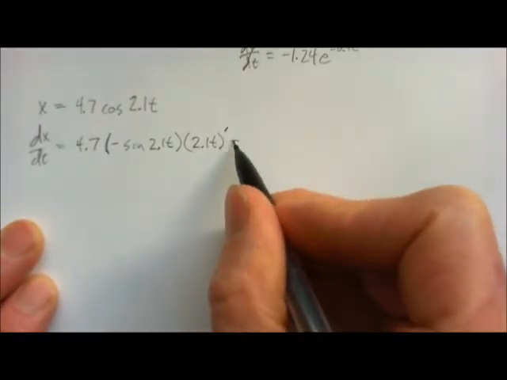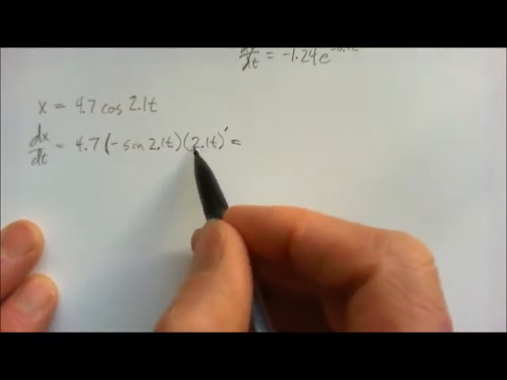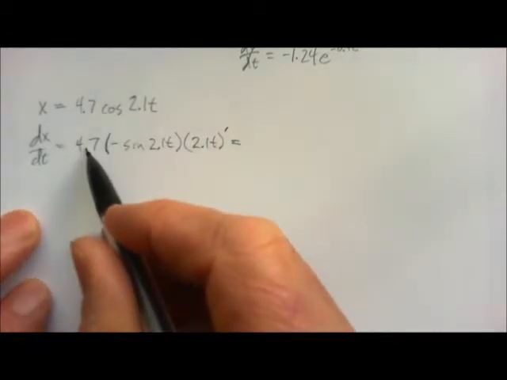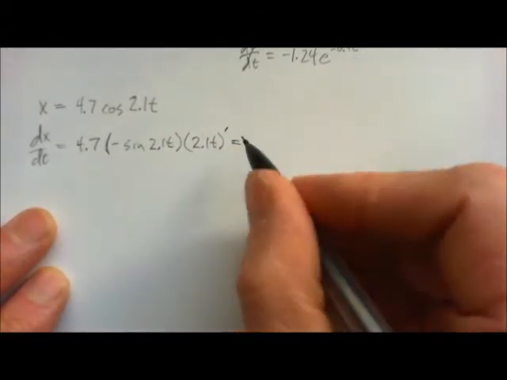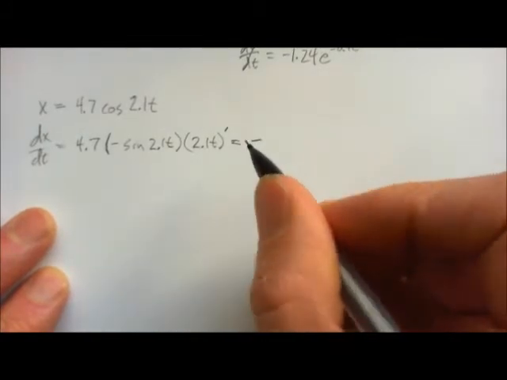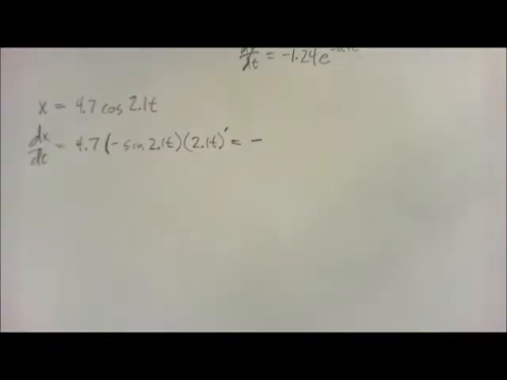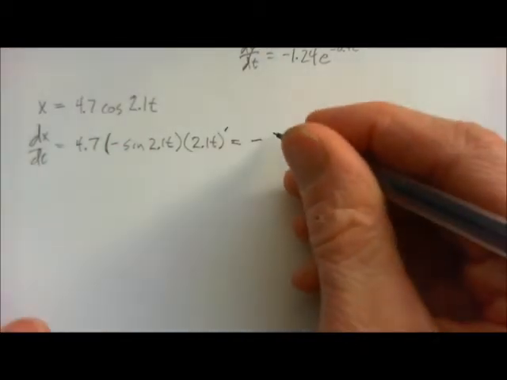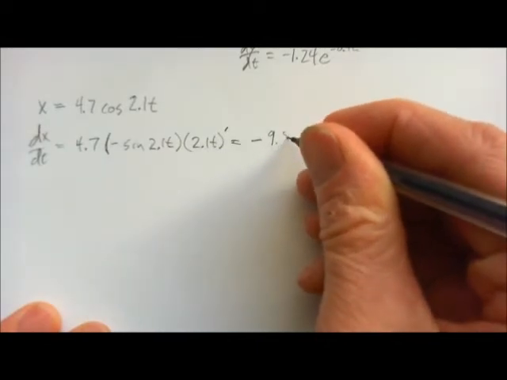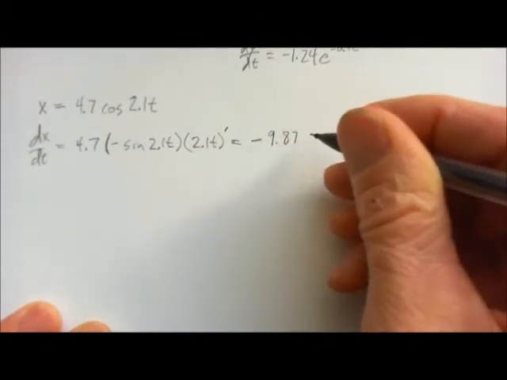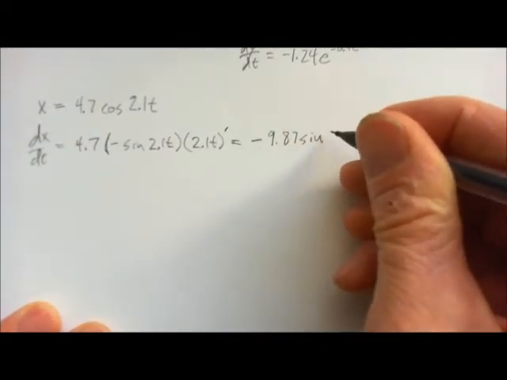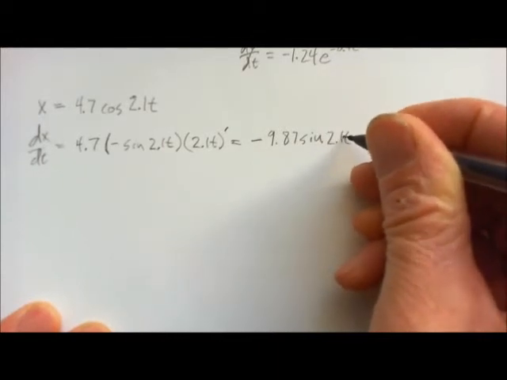So when we get all done, we'll take the 2.1 from here and multiply it by the 4.7, but we're also multiplying by a negative. So we have negative 4.7 times 2.1. 4.7 times 2.1 is 9.87, so we get negative 9.87 times the sine of 2.1t.